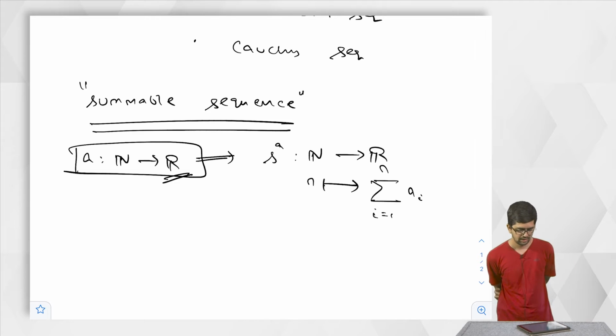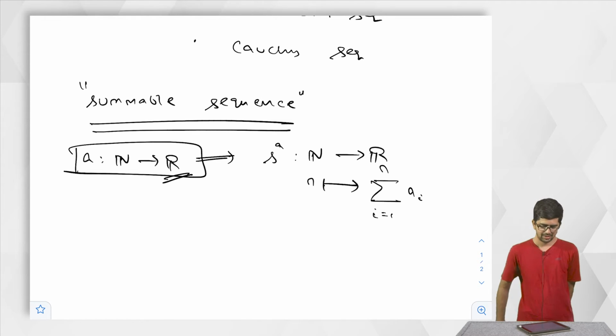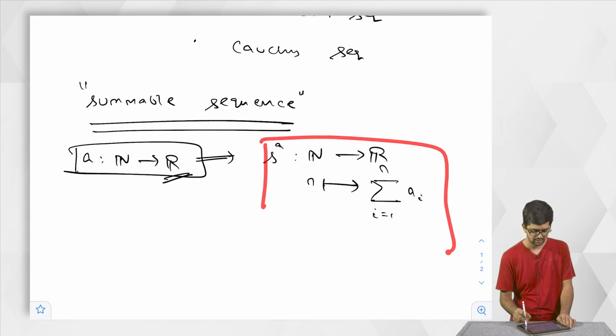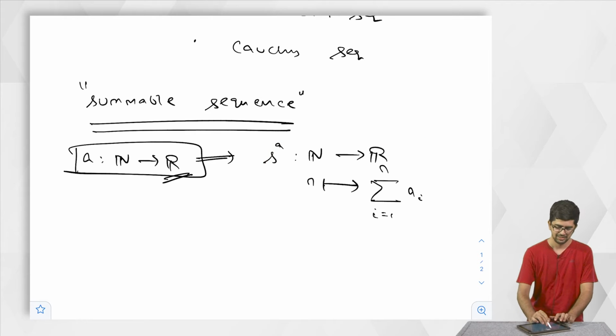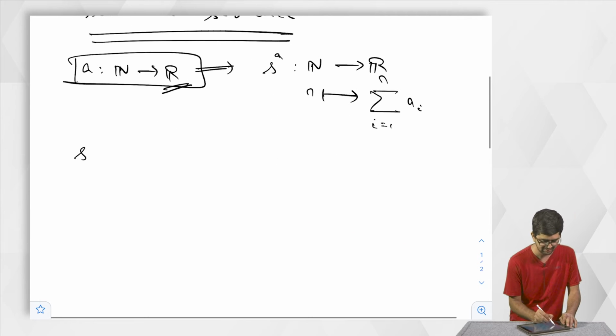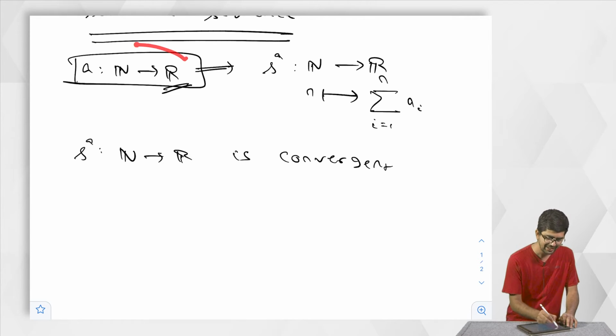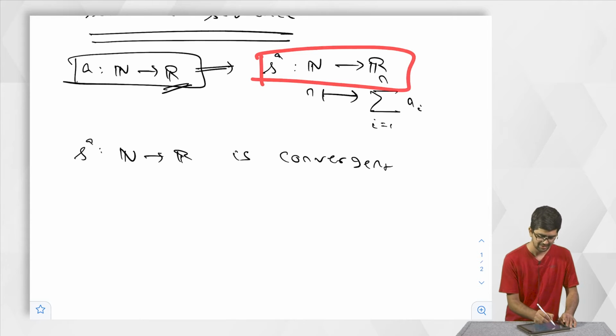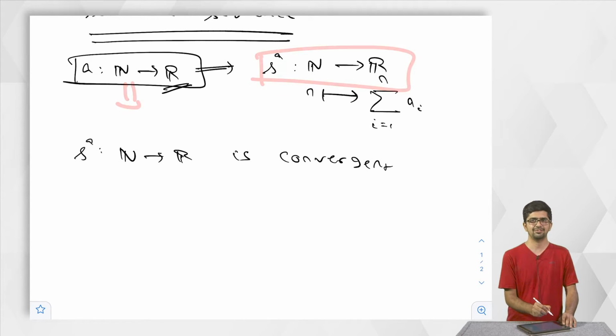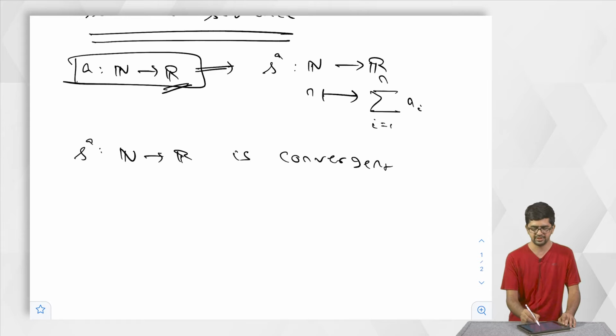Now what is summable? If this sequence SA is convergent, then we will call A a summable sequence, not SA. For this sequence we have considered a new sequence.